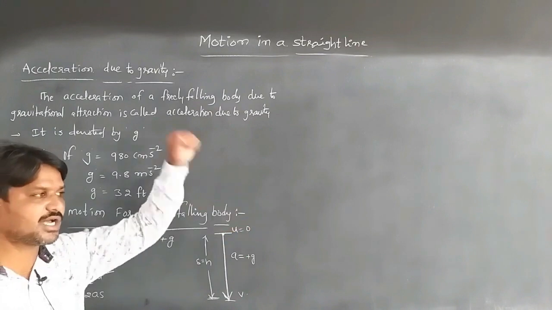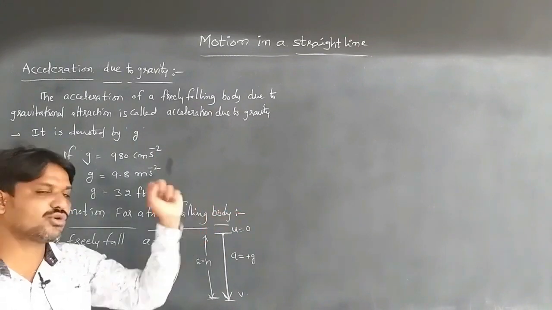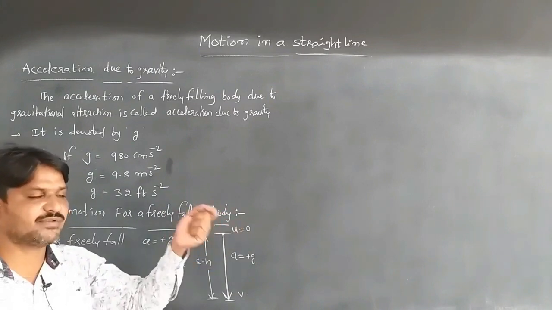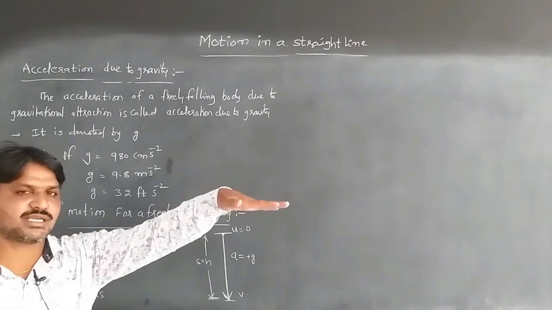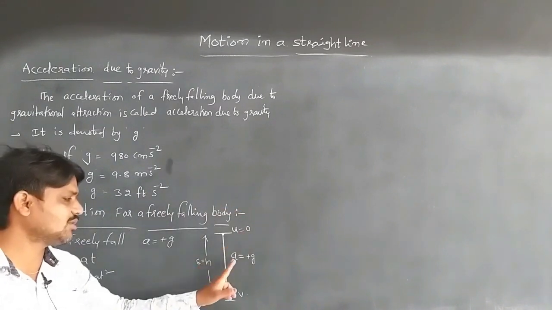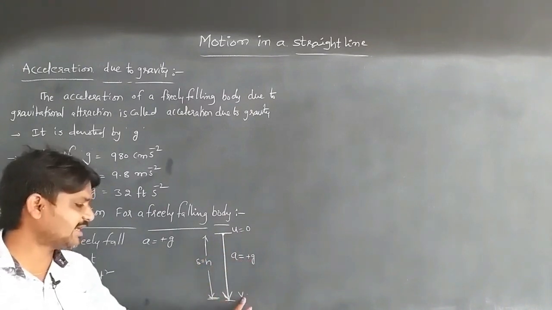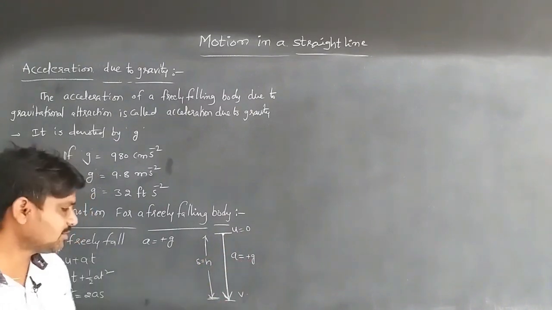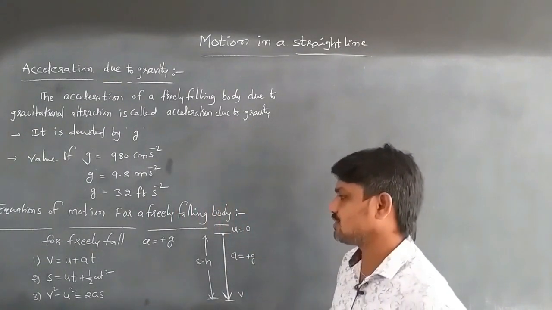Otherwise, if an object is thrown using force, there will be some initial velocity. Only when it is released and freely falling, u is equal to 0, a is equal to plus g, s is equal to h, and its final velocity will be v. So the kinematical equations of motion change.